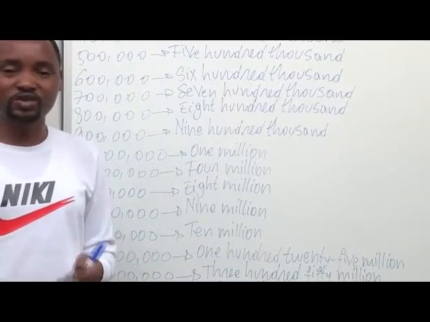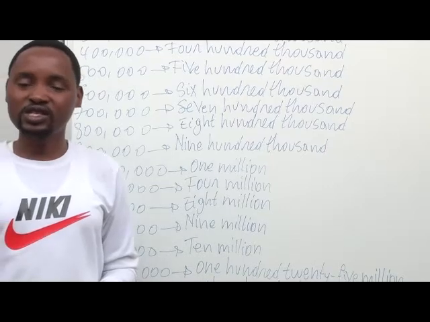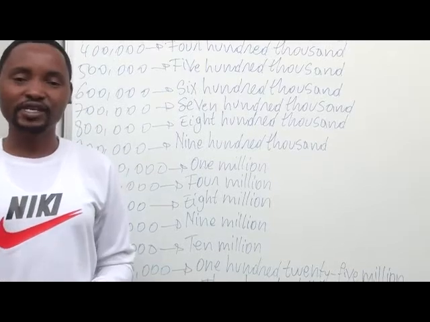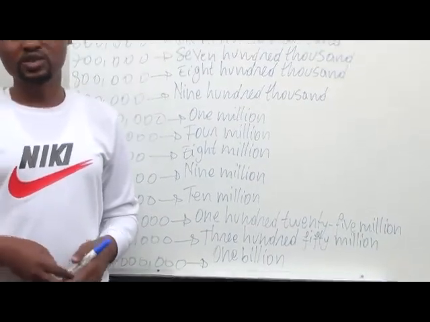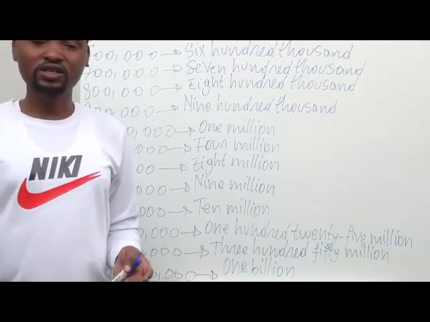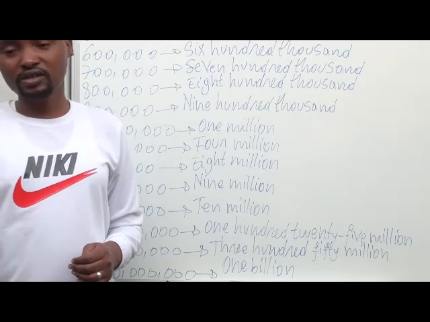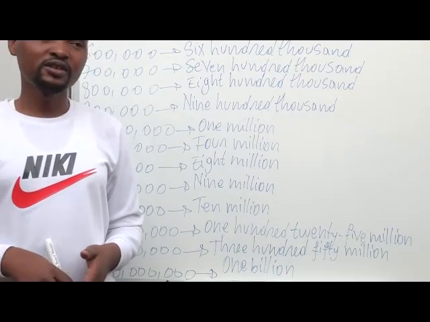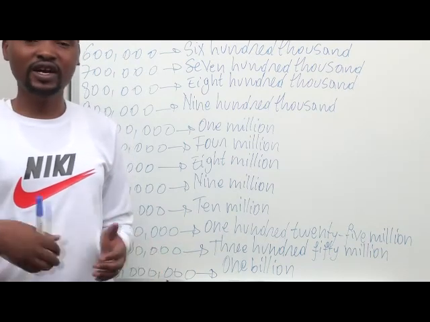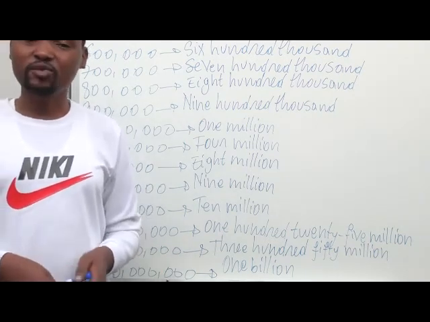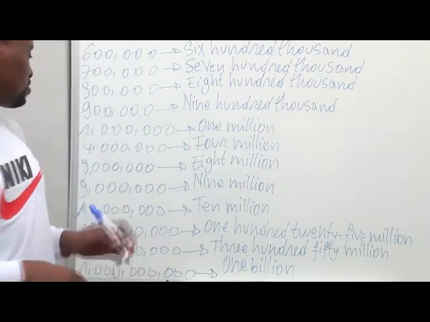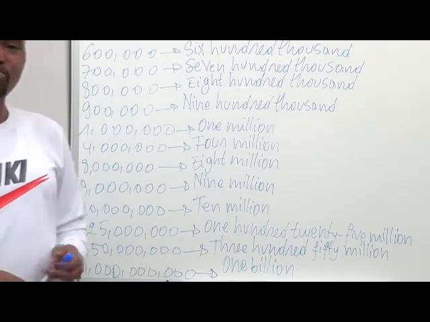I have tried to skip some numbers, but although I have skipped them, it's not hard to read them. 5 and 6 zeros, you will say 5 million. 6 and 6 zeros, 6 million. 7 and 6 zeros, that number will be read 7 million. Here we have skipped from 4 to 7 million.